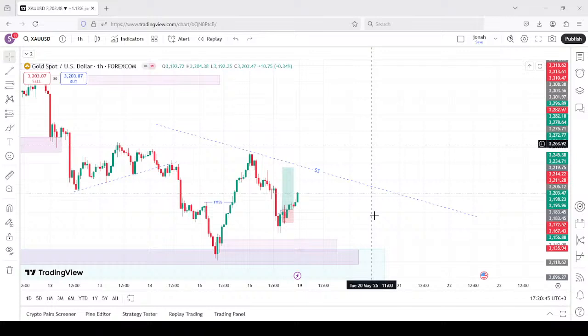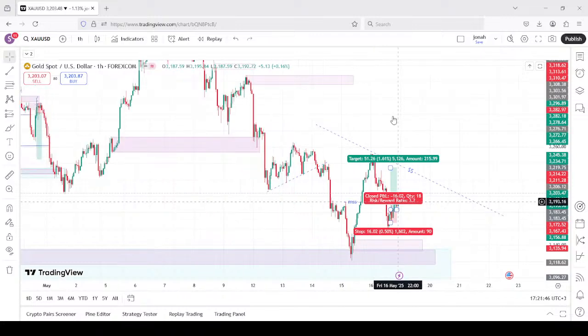So guys, I don't know if you're seeing what I'm trying to show here, but I'll wait for price to break above this previous lower high. Let me use this trend line right here.